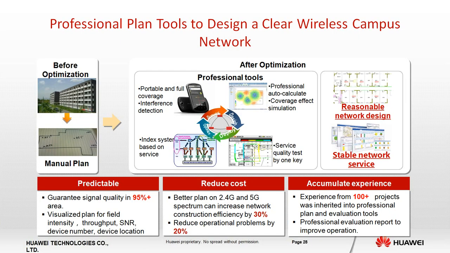I cannot overemphasize the importance and the criticality of the different planning and design tools. Extremely critical. The Huawei WLAN family comes with a set of tools, things like WLAN tester, planning tools, probe handset, PHU, etc. What these do is help you simulate the whole WLAN network before you deploy it.